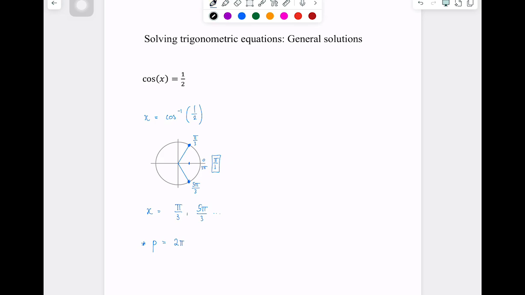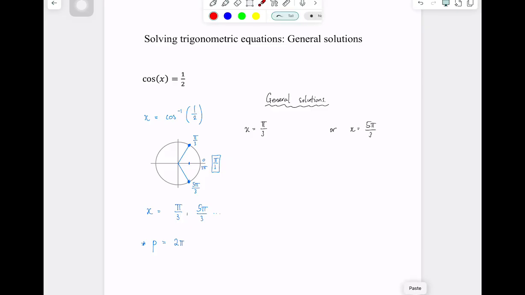So when we go to write out our general solutions, we will have two equations. We'll have one general solution for pi on 3, and we will also have one general solution for 5 pi on 3.